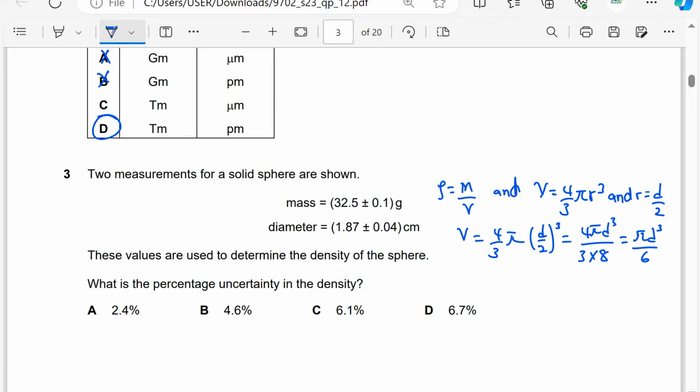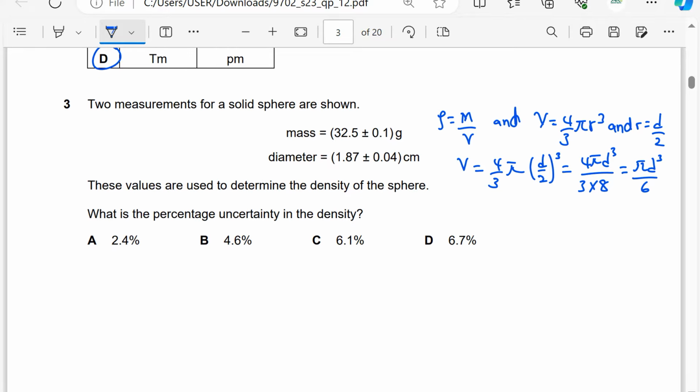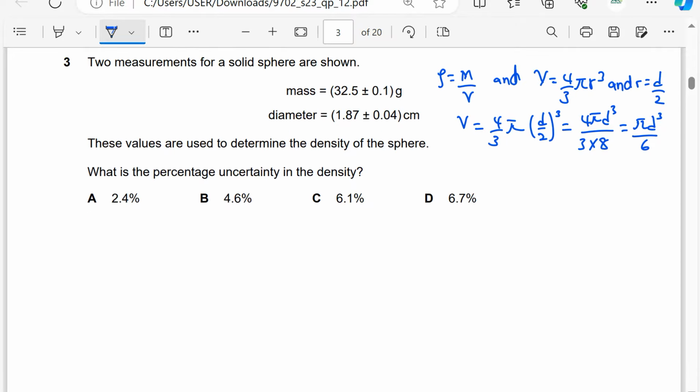So that is the volume. So I'm now just going to substitute in the expression for density. So density is going to be equal to the mass divided by the volume, which is pi d cubed over 6. So this becomes 6m divided by pi d cubed. So that is the density.